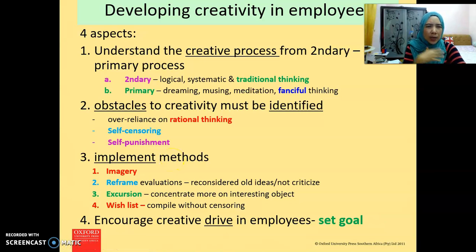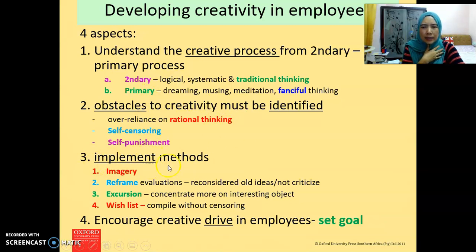You say that you are stupid, you cannot make a good judgment, you cannot come up with a good solution. This kind of self-punishment can be a barrier to creativity and can prevent you from becoming creative.